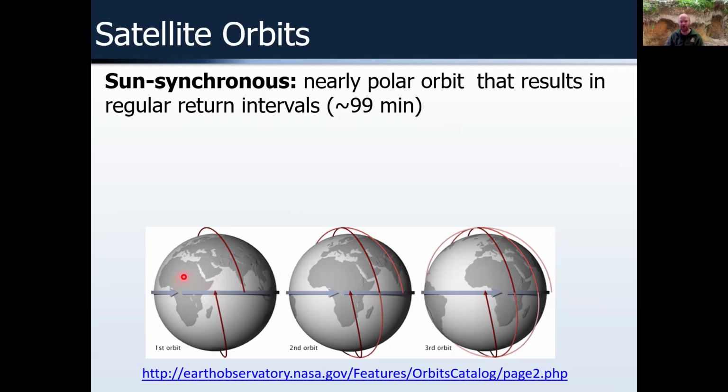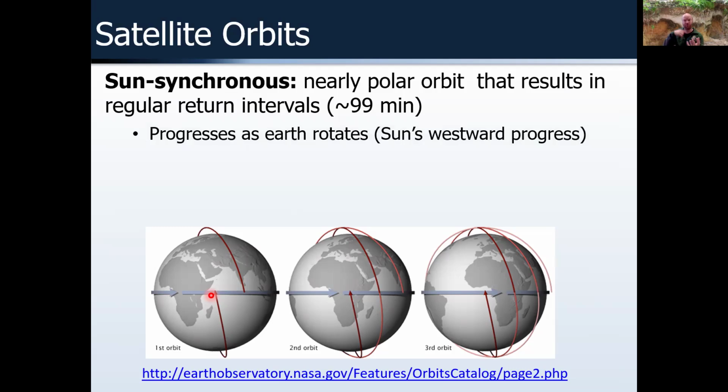If you fly from New York to London, for example, that's a several-hour flight. This satellite is going all the way around Earth, meanwhile taking tons of pictures and collecting lots of data, and it's coming all the way back to the equator in 99 minutes. That's incredibly fast. And then the Earth is rotating underneath.